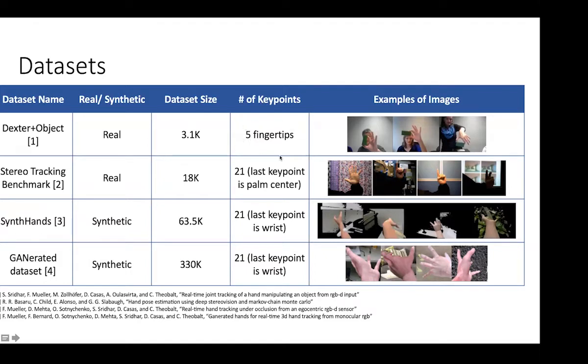Here we have only five key points, only fingertips. Here 21, but the last one is the palm center. It is not what we need. So I tried to solve the task of how to train a model and make it work on real data, having good synthetic data and not-so-good real data.